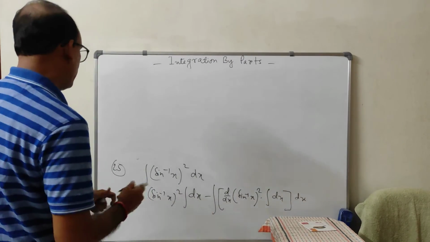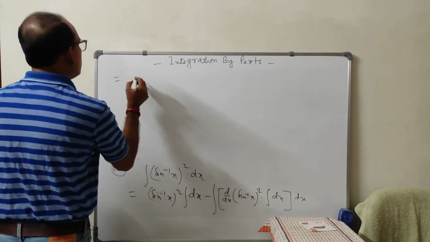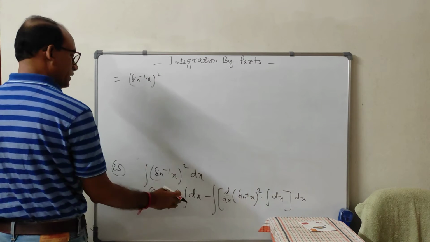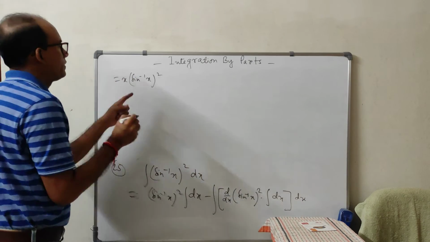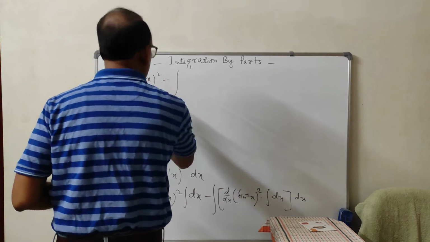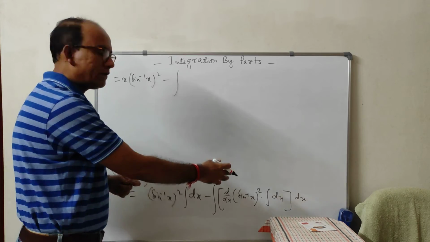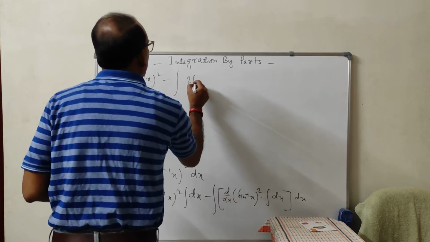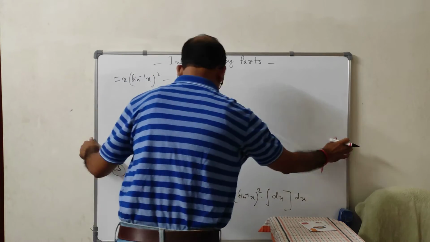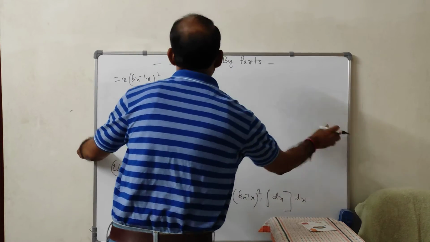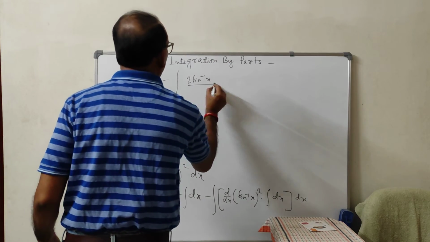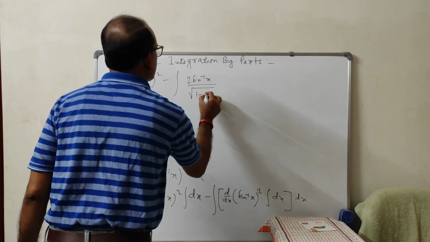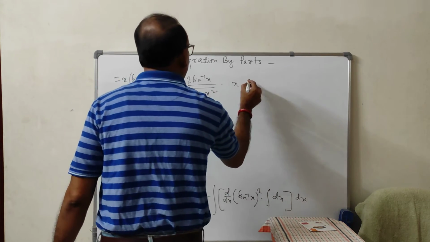Okay, so here sin inverse x whole square, integration dx is x, put x here in the first place, minus integration. What is the derivative of sin inverse x whole square? It is the differentiation of a function of a function. 2 sin inverse x into the derivative of sin inverse x, which is 1 by root over of 1 minus x square, into x, whole dx.